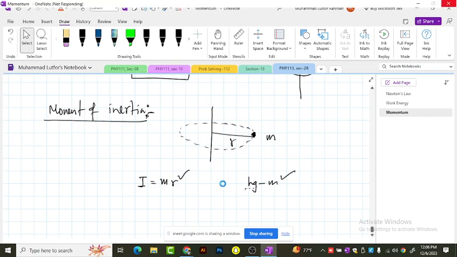And what happens if you have more than one mass? Let's say I have this mass and I am labeling this one, R1, M1. I have another mass over here. This is M2, and R2 is the distance.